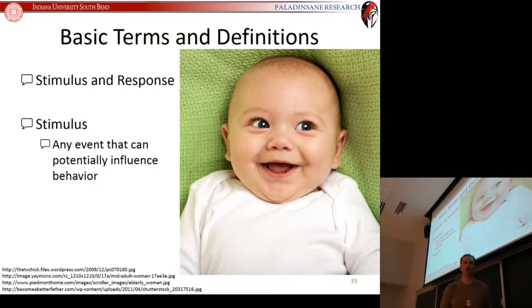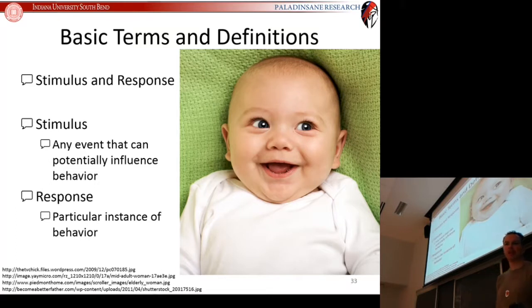And a response is a particular instance of behavior. So it's very important to remember that a stimulus can be and is defined as any event that can potentially influence behavior. So we have our classic stimuli, things like flashes of light, things like tones, sounds, snapping fingers, sirens outside, but it can be any event.